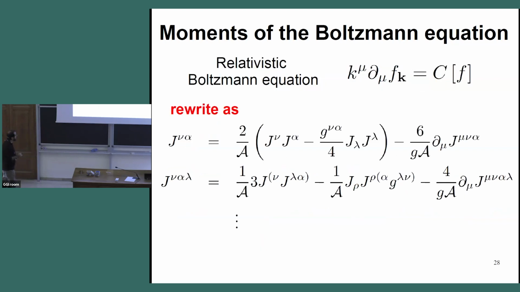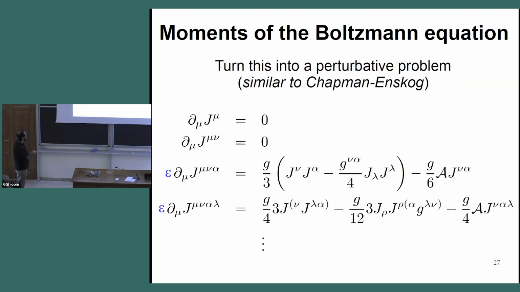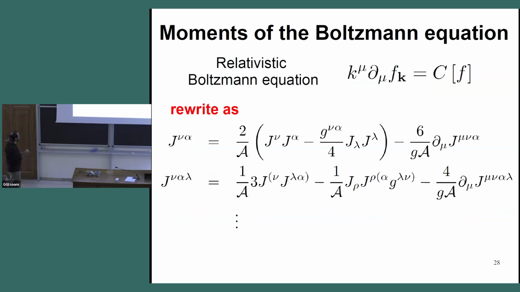So actually what I do is I will rewrite this almost as if a constitutive relation for the moments. So T mu, here J nu alpha, will be given by this expression here. So again, I'm just taking this guy and putting this guy to the other side. So as if J mu is given by this plus some gradient correction.